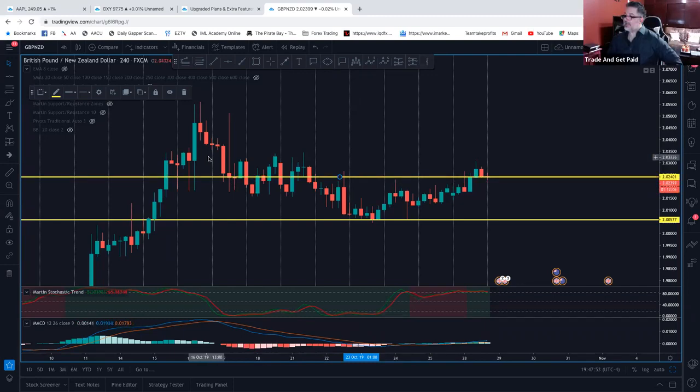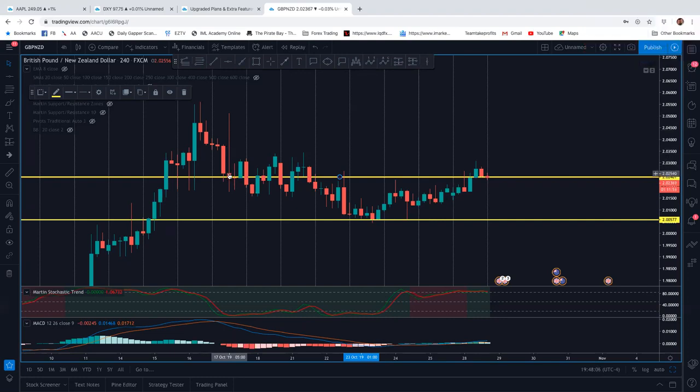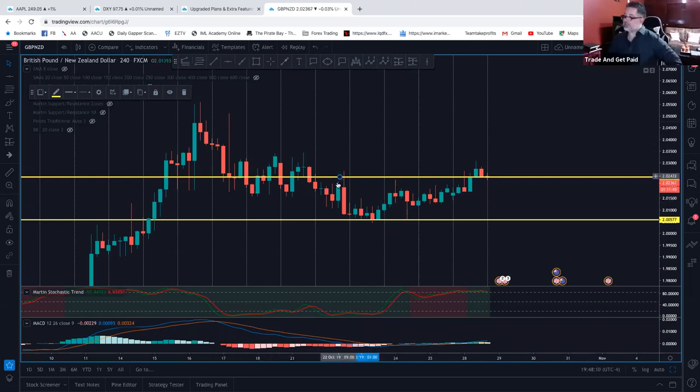This one right here is a massive rejection. This was green. Just imagine this being green all the way up here, and then it came all the way down. That's a very big rejection right there. This rejected here too. It looked like it was going to break that zone, and it rejected.